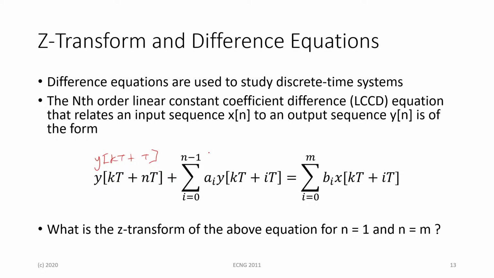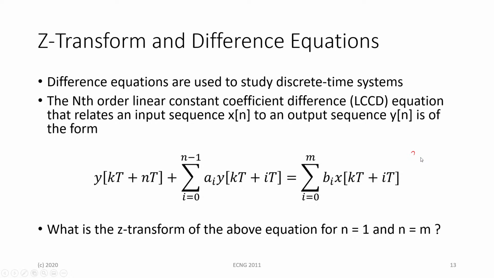This here will just become a naught y of kt, and this here, because m is equal to 1 and we start at i equals 0, this will become b naught x of kt plus b.